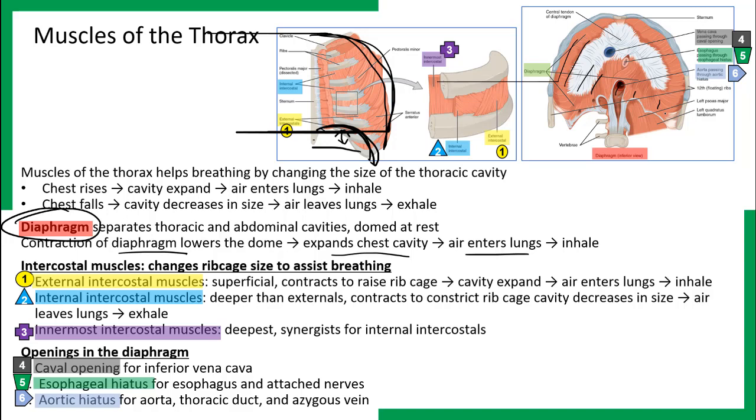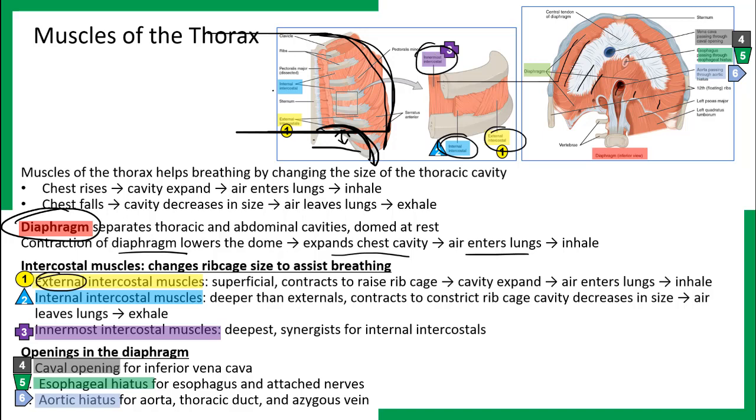Other muscles that help with breathing are the external, internal, and innermost intercostal muscles. So when you see this, you can work out the location, right? The external intercostal muscles are on the outside, the internal are on the inside, the innermost are deeper in than the internal intercostals.